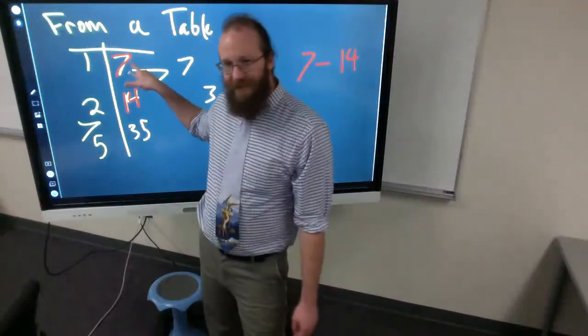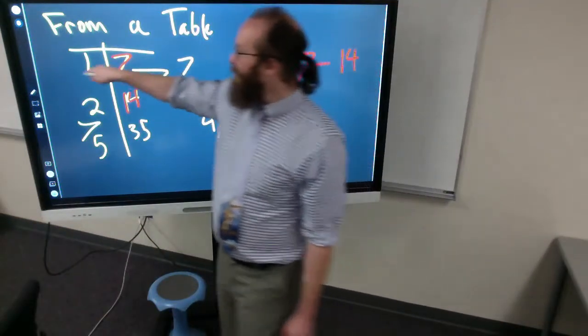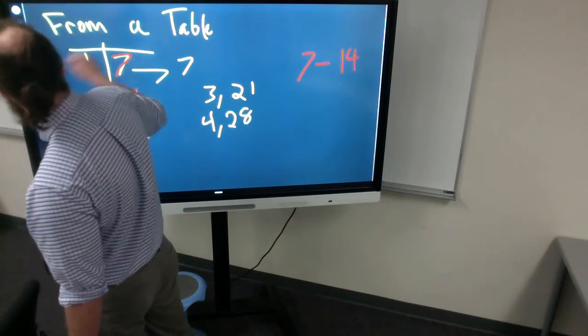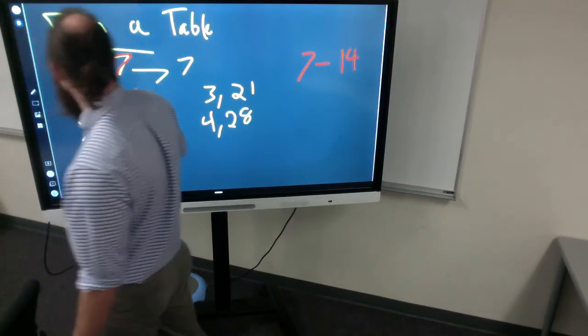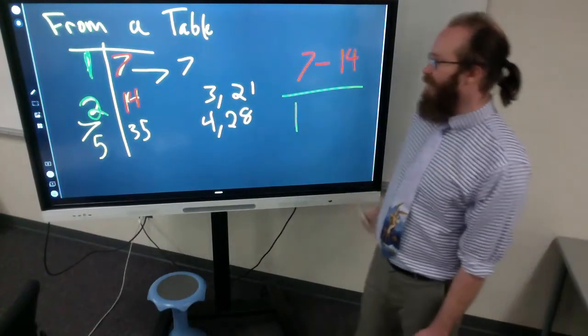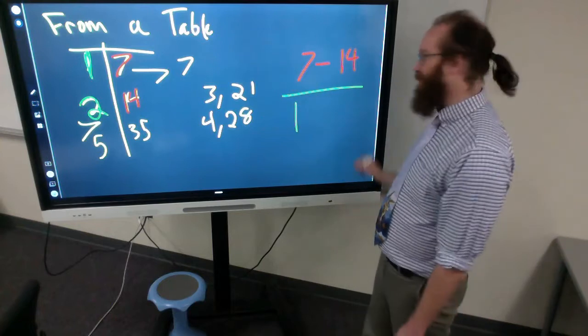So since I use this y value first, I'm going to have to use this x value first. So the 1 is my x value, and the 2 is my x value, and those go on the bottom of the fraction. But remember that I have to stay in the same order.